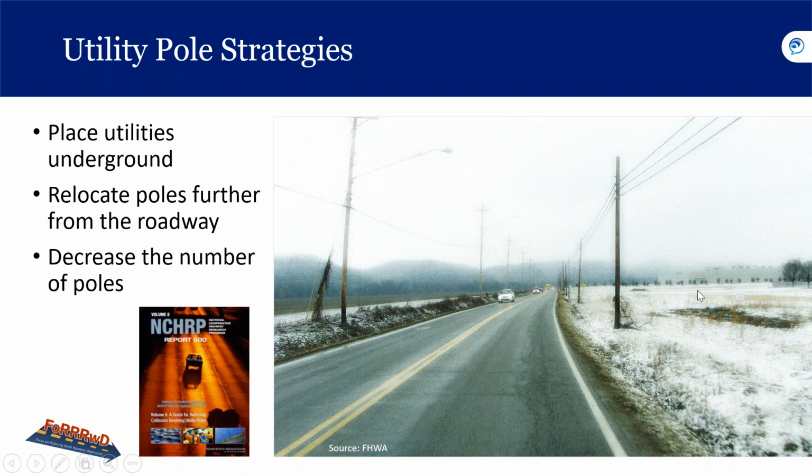Is that something that we can do? I know there's obviously a right-of-way line somewhere, but it looks like there is room to move them further away. This picture is in West Virginia, by the way.